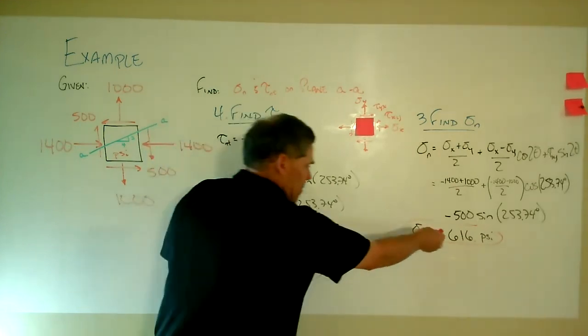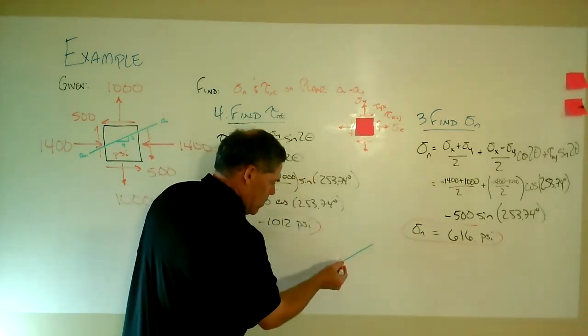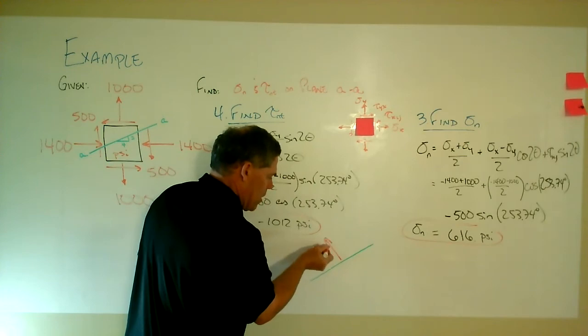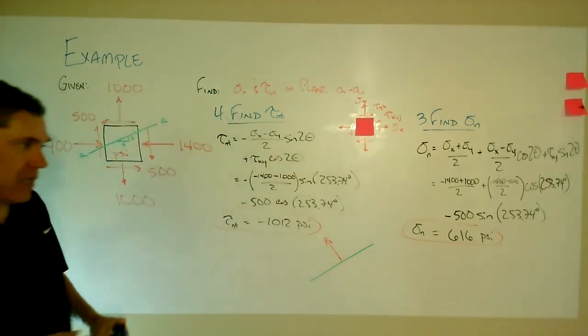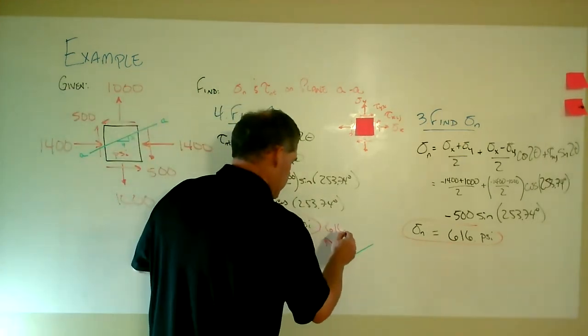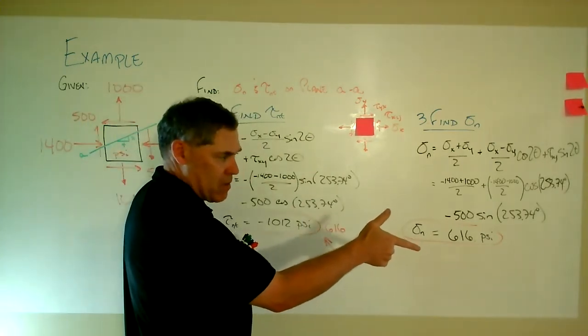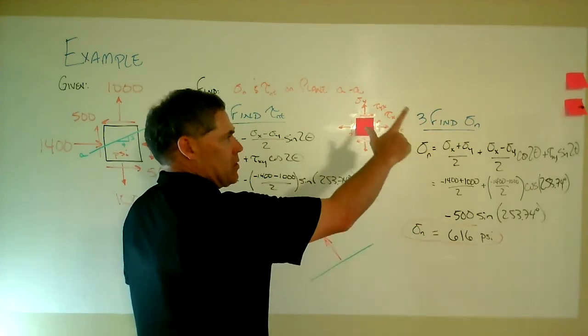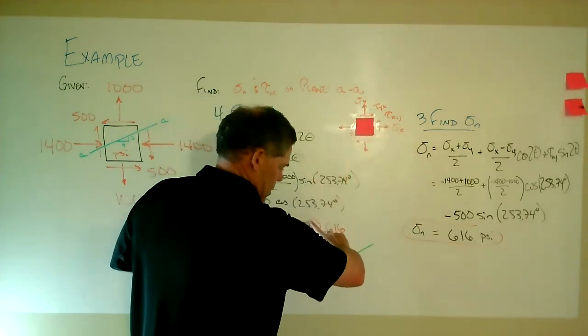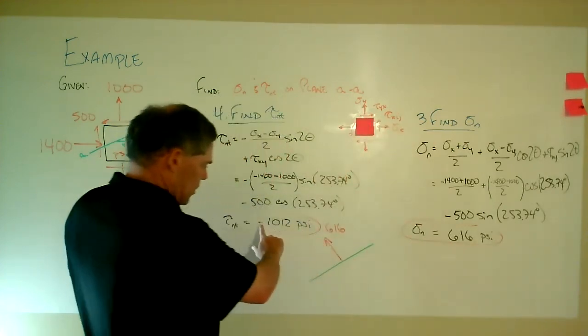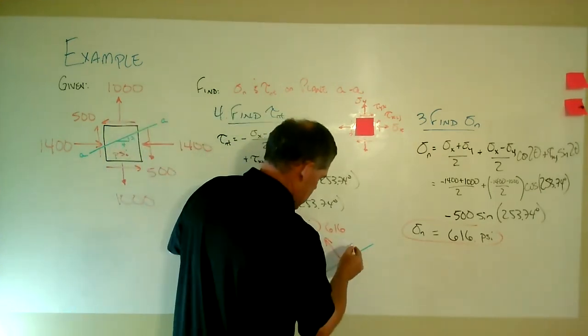So that means that positive there is going that way on that surface, and that's the 616. Now the shear stress is represented by the thumb, we come all the way over and boom, there, so that we got an opposite number.